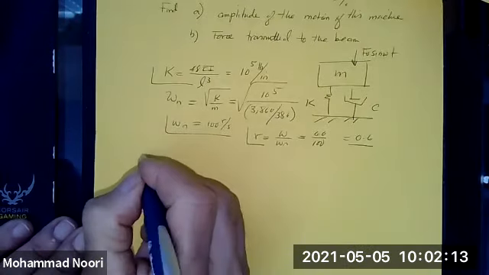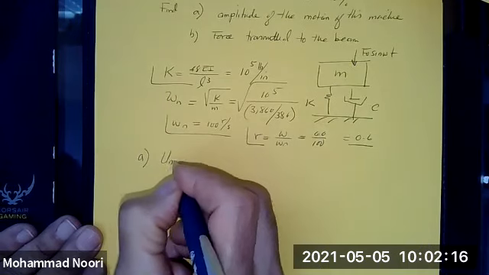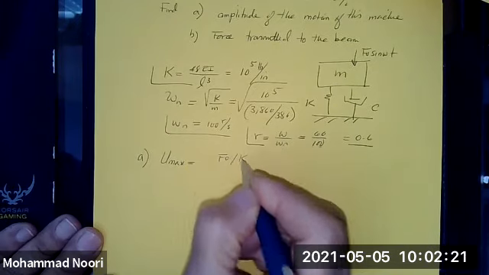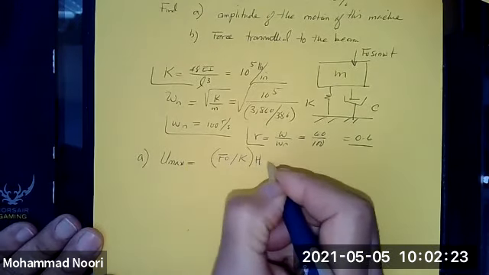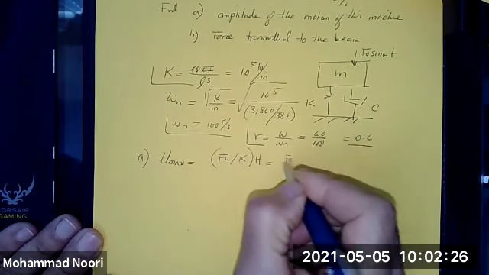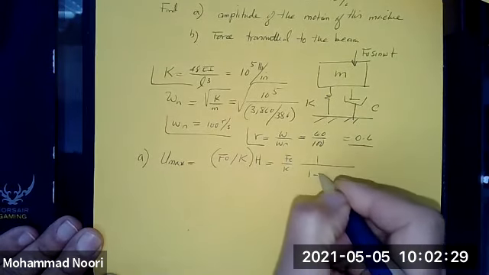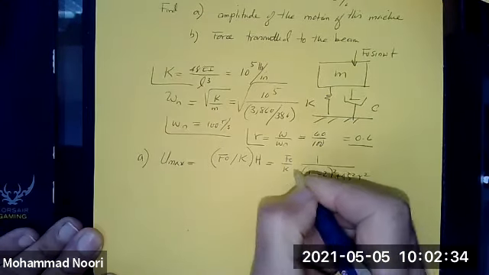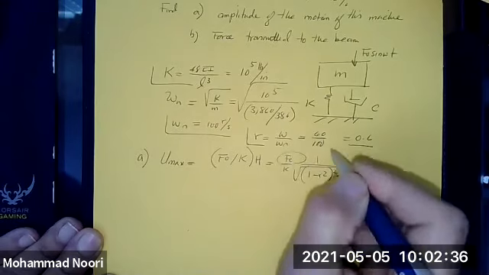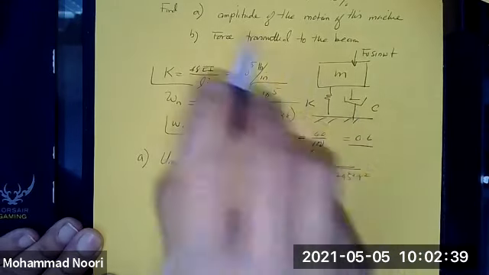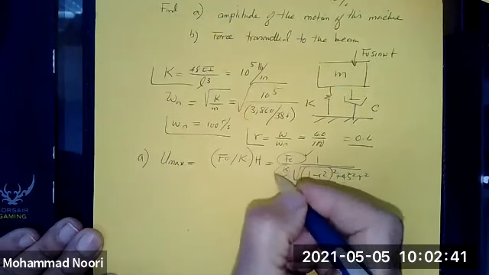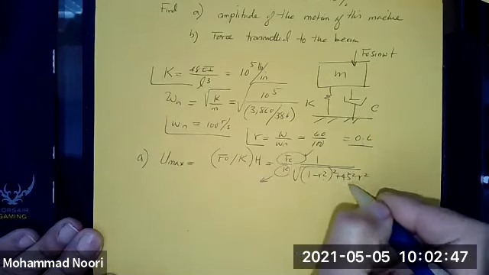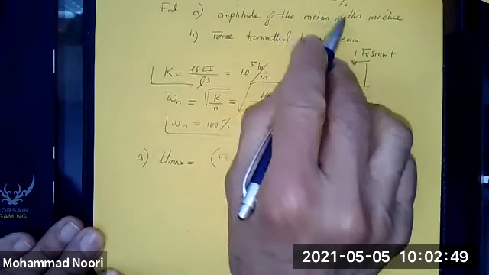So what is the Umax? Part A. The maximum displacement that this system is going to experience is F0 over K, times 1 over the square root of (1 minus r squared) squared plus 4 zeta squared r squared. F naught is given, 7,000 pounds. K we found. R is 0.6. Zeta is given as 10%.